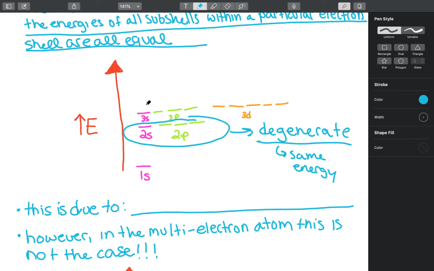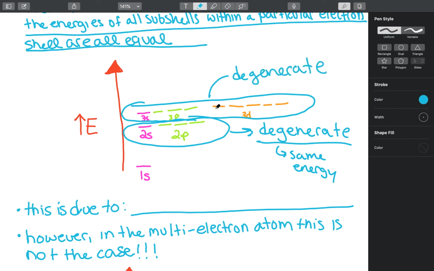And the same applies to the third electron shell as well. All the subshells within the third electron shell are degenerate. So the 3s subshell is the same energy as the 3p subshell, and the 3p subshell is the same energy as the 3d subshell. So all subshells within a particular energy level have the same energy.